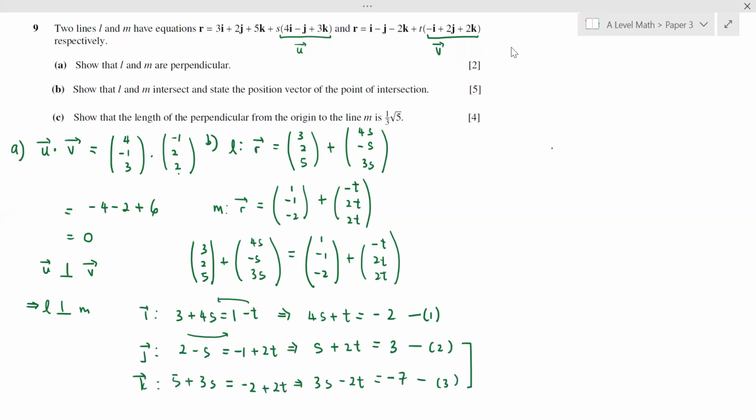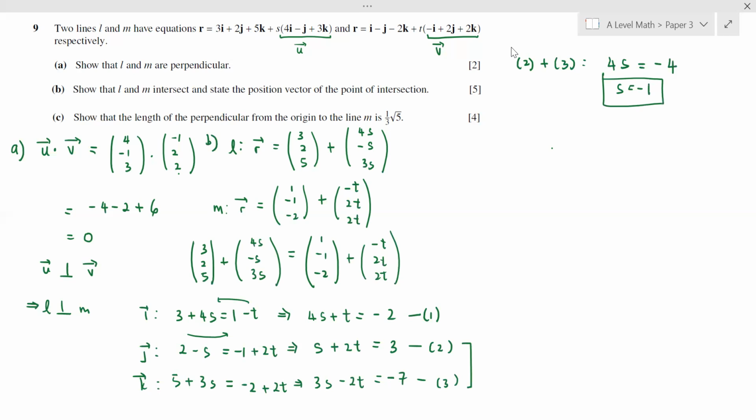So in that case, from equation number 2 and 3, we can use the technique of elimination. Let's add equation 2 to equation 3. We have 4s, t is eliminated. This will give us -4. Dividing throughout by 4, we have s = -1.